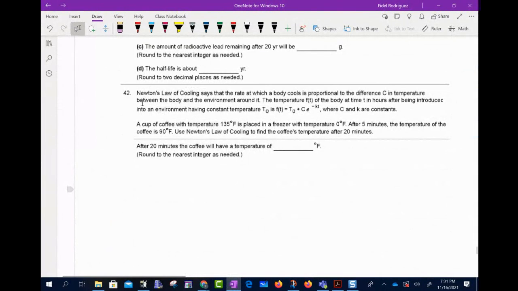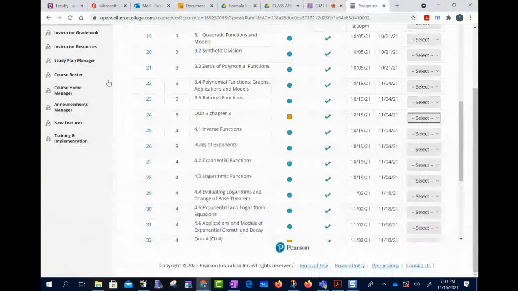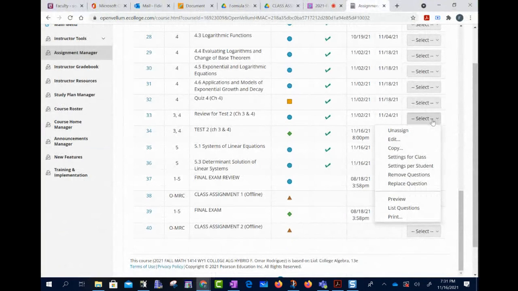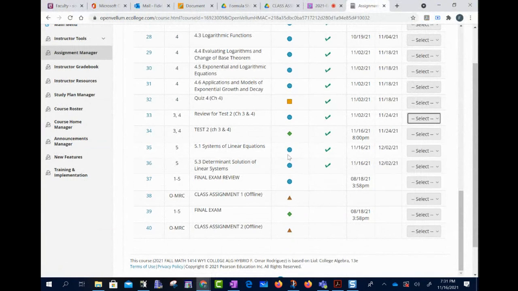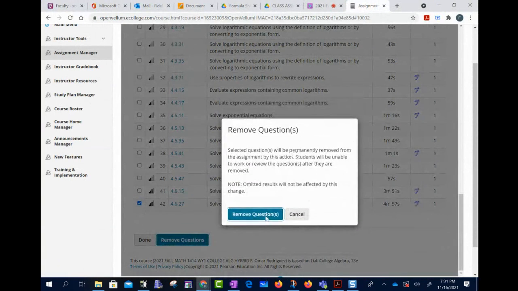And you know what? I'm actually going to pull question 42. I didn't mean to put 42 on the review, and you don't have anything like that on the test. That was my mistake. So since you're still here, let me do this. Where's my review? Here we go. Remove a question. We are removing number 42. Boom.